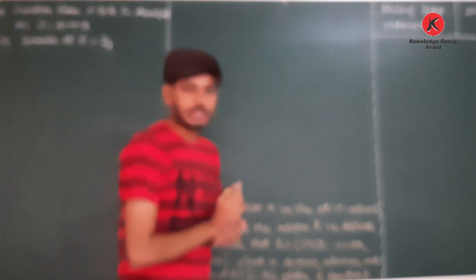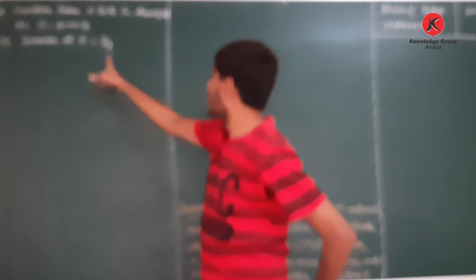Set A. Okay, domain of f. If I want to represent the domain of f, how can we represent it? We can represent it as D of f, capital D of function f.